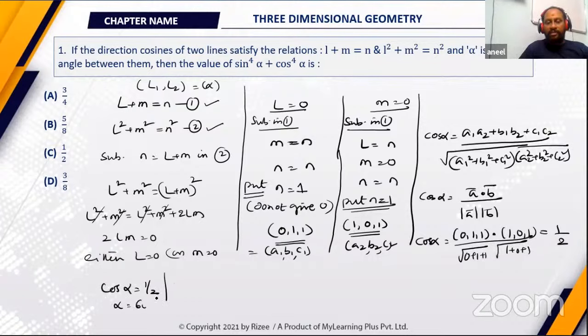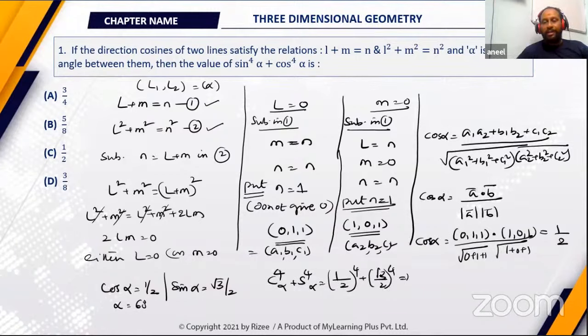Alpha is 60 degrees, so obviously sin alpha will be root 3 by 2. So cos power 4 alpha plus sin power 4 alpha is 1 by 2 whole power 4 plus root 3 by 2 whole power 4. Root 3 power 4 is 9, so 9 plus 1 by 16, 10 by 16, which is nothing but 5 by 8.